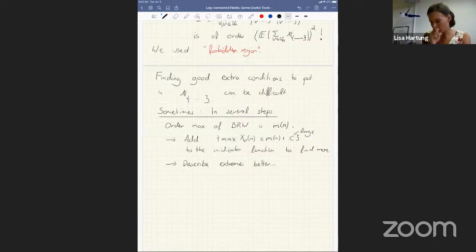Because now I can imagine, so I have my 0 here, and I have this one from before. And I will now just draw the upper part. I have my maximal particle sitting somewhere here.